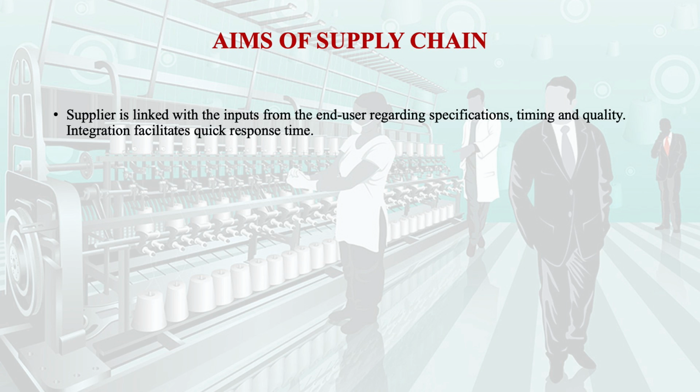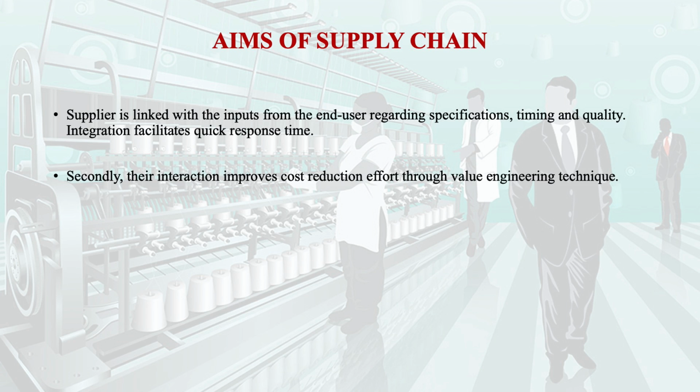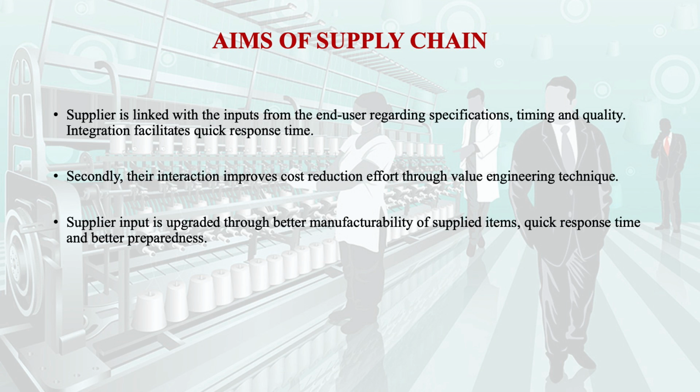Integration facilitates quick response time. Secondly, their interaction improves the cost reduction effect through the value engineering technique. Supplier input is upgraded through better manufacturability of supply items, quick response time, and better preparedness.